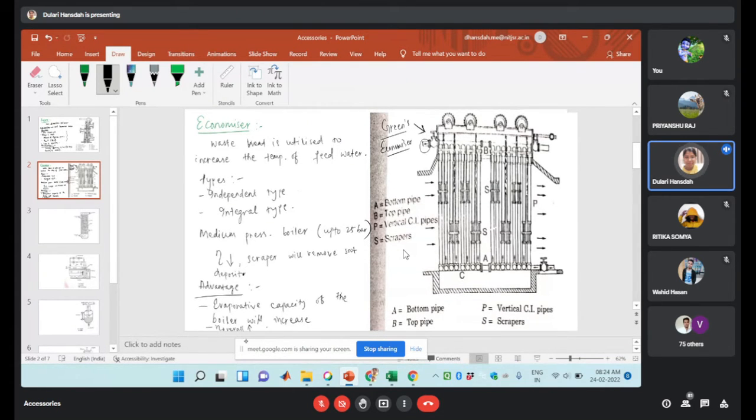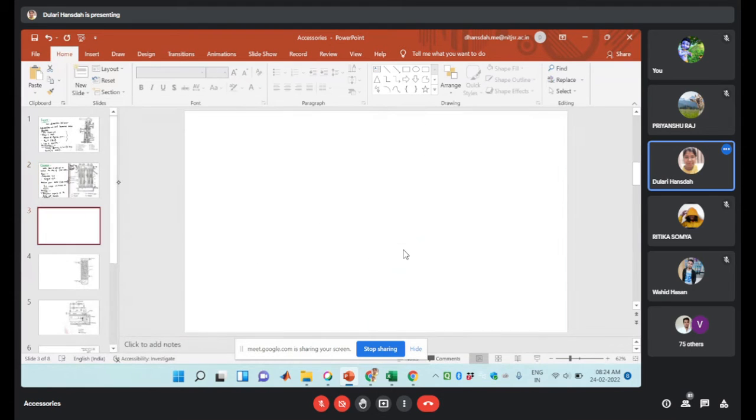Okay. Another thing is that we are minimizing heat loss through the chimney. Then the fourth advantage is that we are feeding hot water to the boiler.